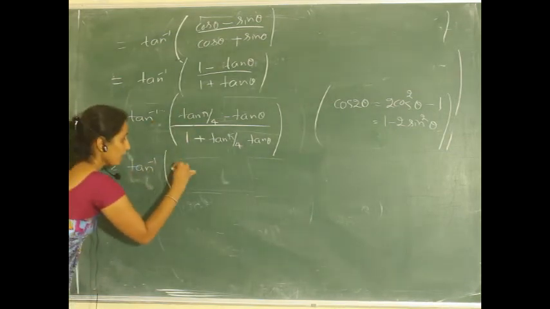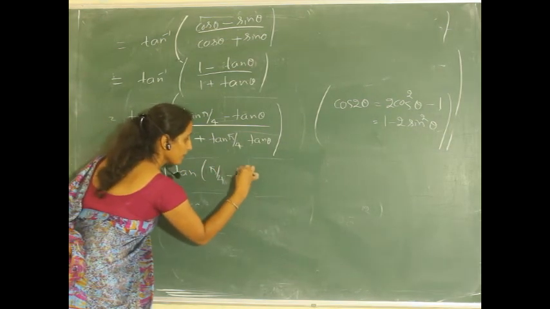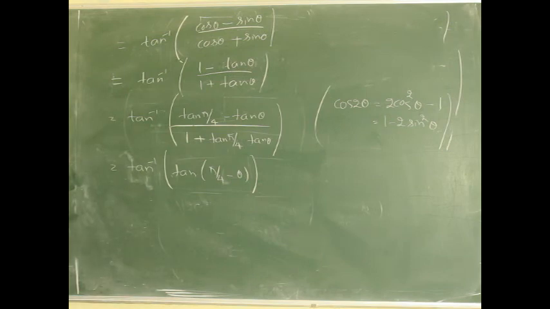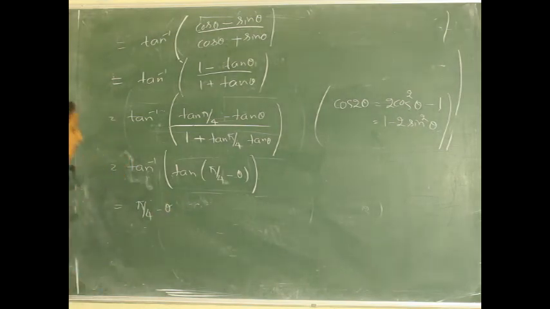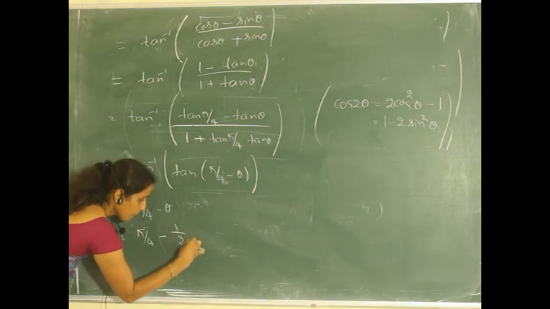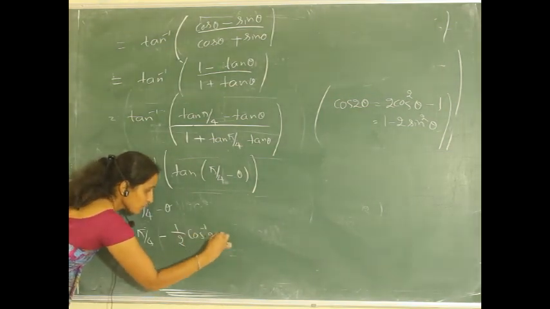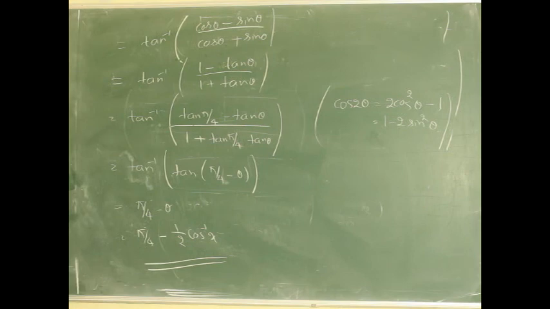So it is tan of pi by 4 minus theta. Tan and tan inverse cancel, so we are getting pi by 4 minus theta. Theta we have already taken as half cos inverse x, so this is pi by 4 minus half cos inverse x.